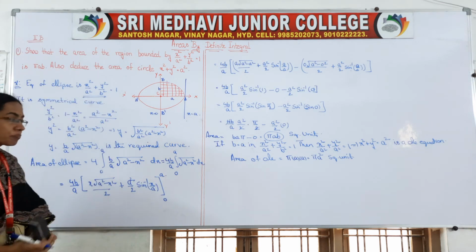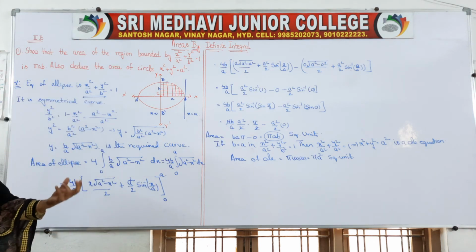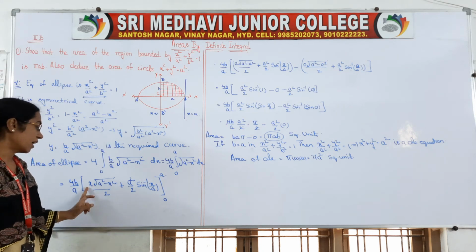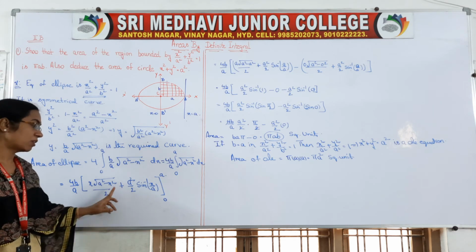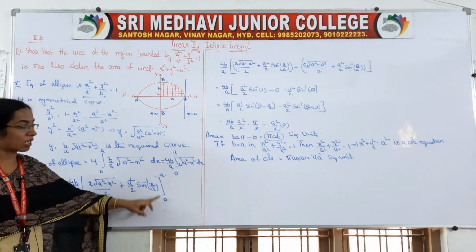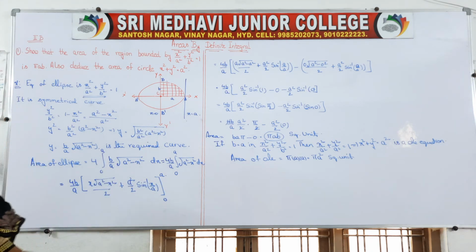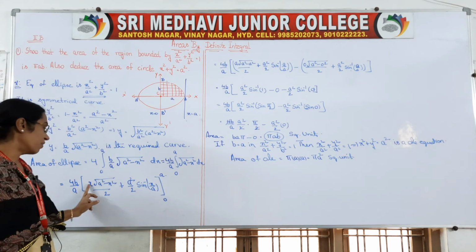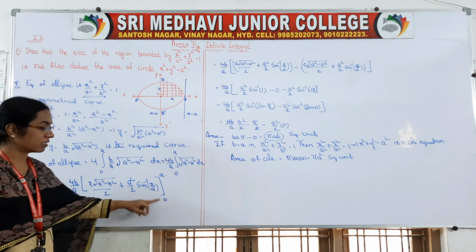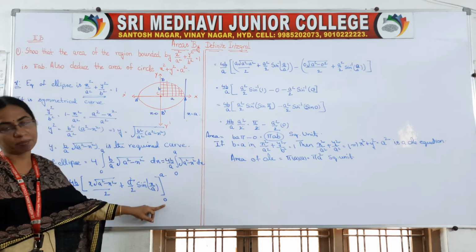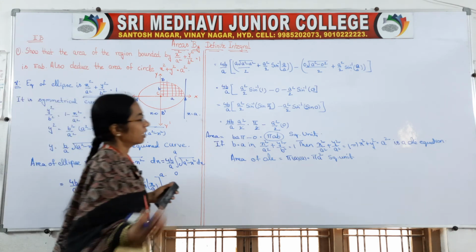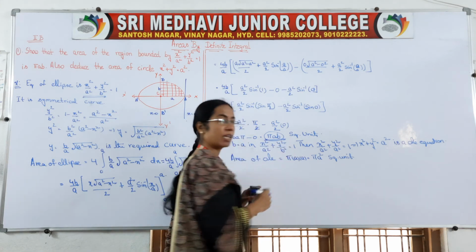The integral of root of a square minus x square formula is x into root of a square minus x square by 2 plus a square by 2 into sine inverse x by a, with limits 0 to a. In this function, wherever x is there, you substitute the upper limit, then the lower limit.